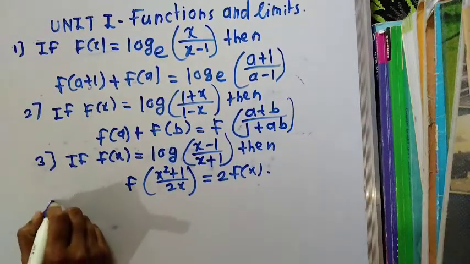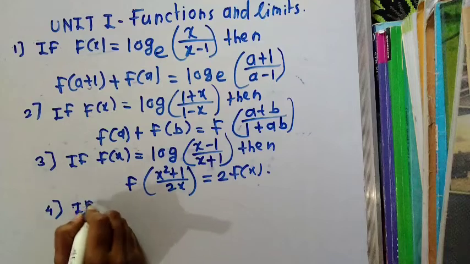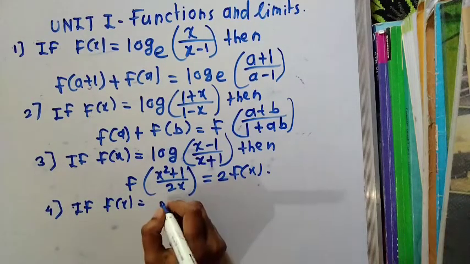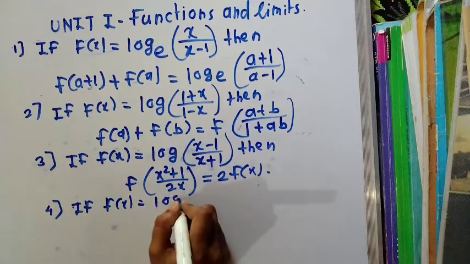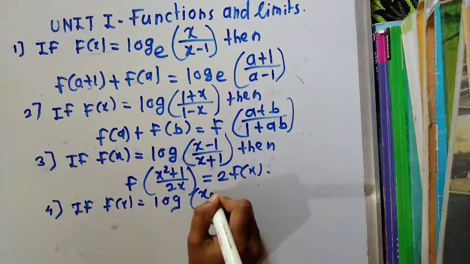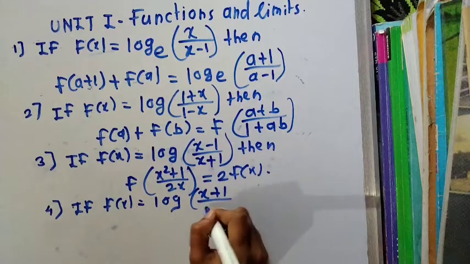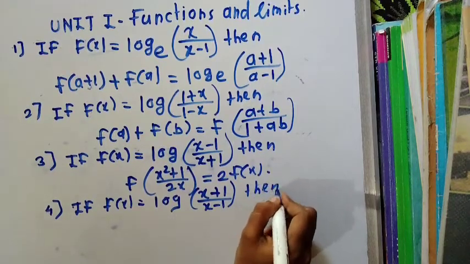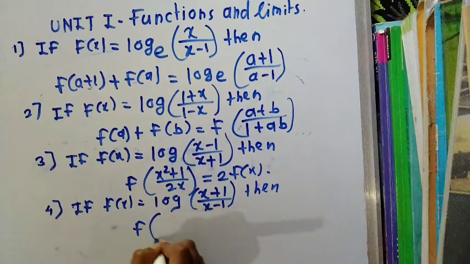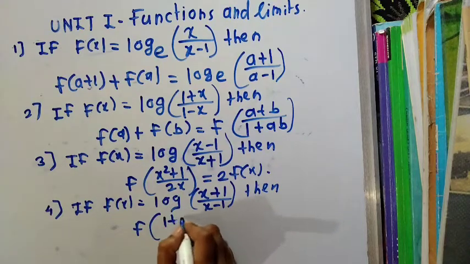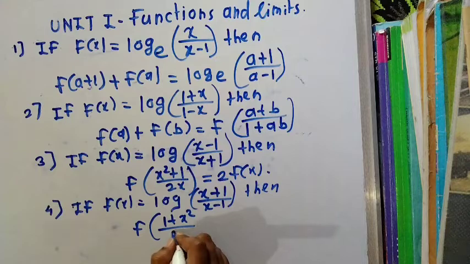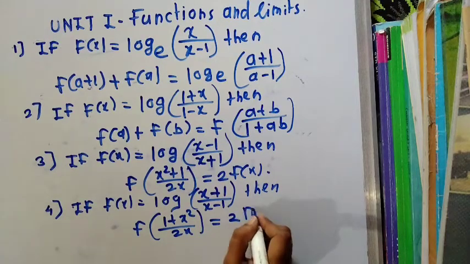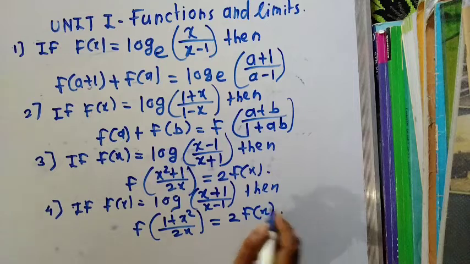Then fourth formula, if f of x is equal to log x plus 1 divided by x minus 1, then f of 1 plus x square divided by 2x, which is equal to 2 into f of x.